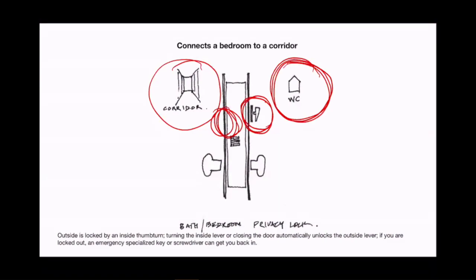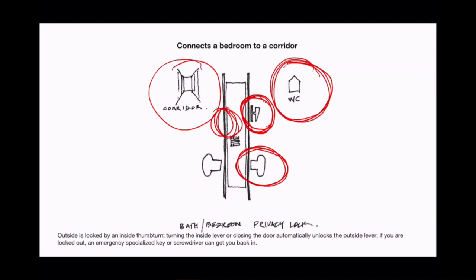So what are we going to do? Well, we're going to have a thumb turn, because you don't want to have to search for a key when you want to lock your bedroom from the inside. And we also don't want to have to unlock the thumb turn just to leave. If we want to leave, we want to leave. So when we turn the knob or the lever, it's automatically going to unlock the door.